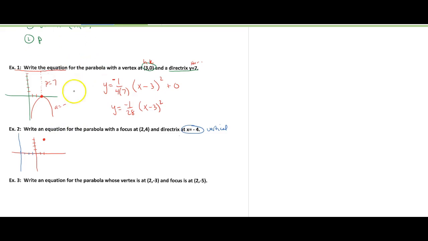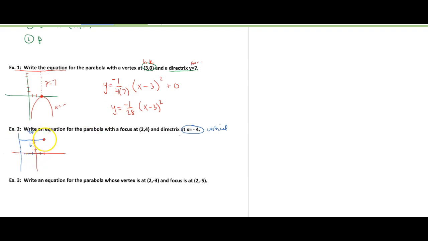So here's the thing, how do we find the vertex? Well, this distance is equivalent to double the length of p. And you have to remember the vertex is directly in the middle of the focus and the directrix. So if I'm at 2 and this is at negative 4, that distance is 6 units.